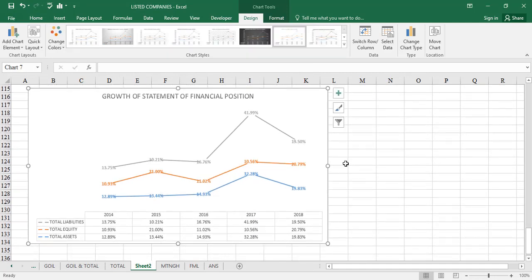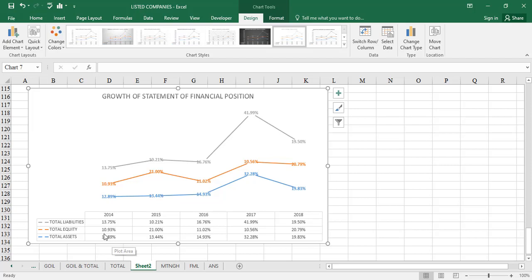So for the 5-year period under review from 2014 to 2018, you realize that the company has been increasing its liabilities from 13.75% growth through to 19.5% growth, with the highest being 2017, where they increased it by 41.99%.